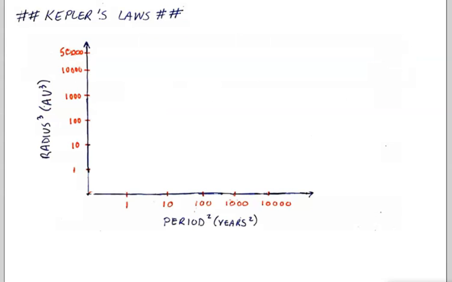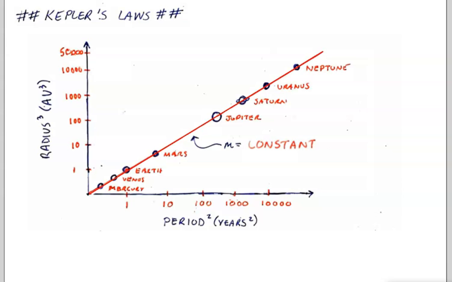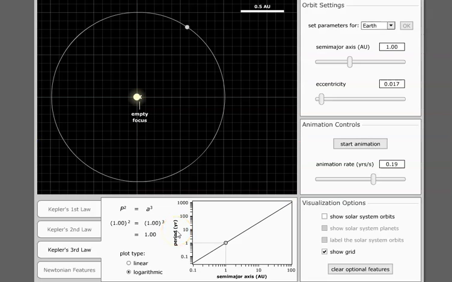If we plot radius cubed versus period squared, we get a linear relationship. Every planet that revolves around the Sun falls along this line. If we know an object's period, we know how far it is from the Sun. Let's start with Earth as an example.